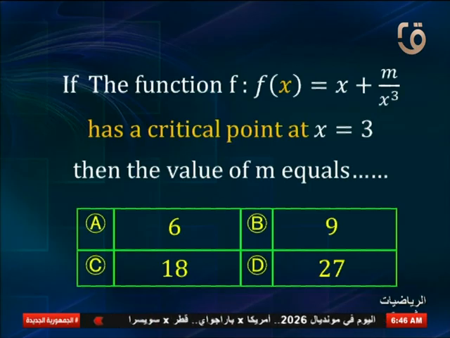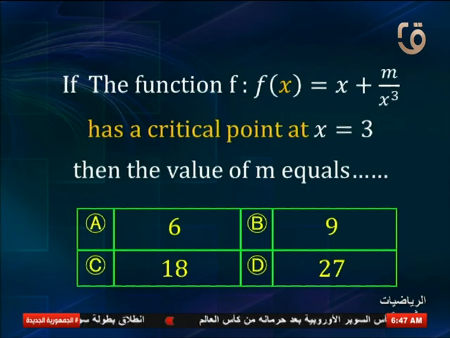We find f' or the first derivative, and we put the first derivative equals 0. But in this case, the function has a critical point at x = 3. Then we find f' is equal to what?